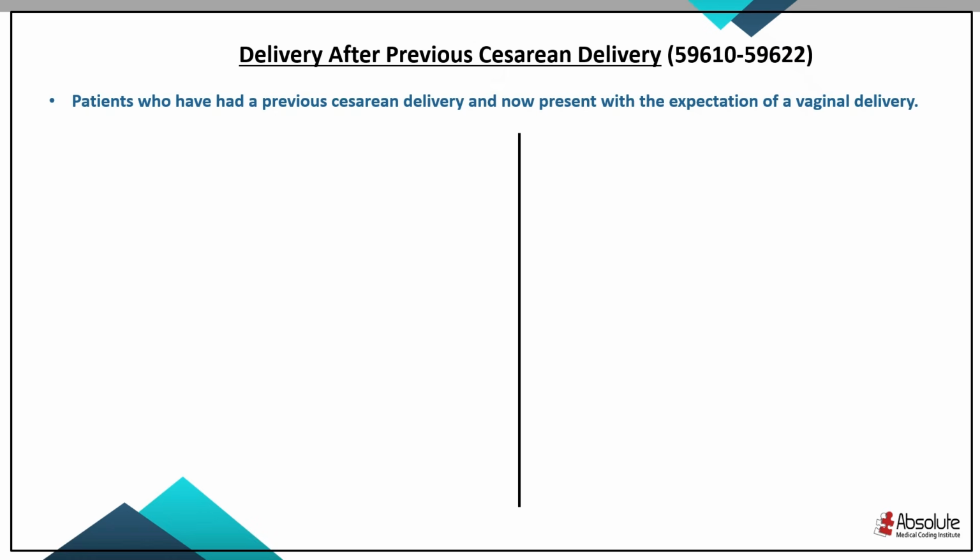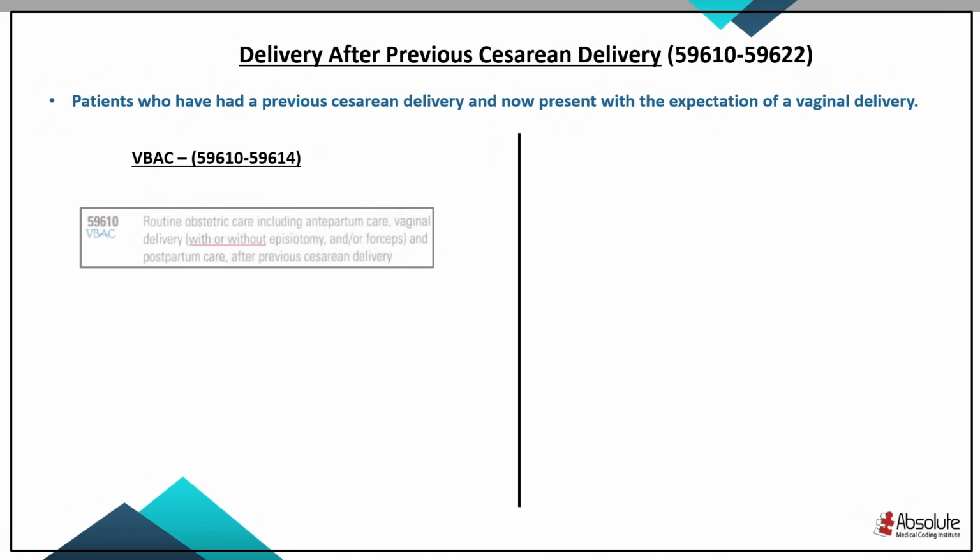So the final code assignment depends totally upon the outcome of the delivery. So here we have a VBAC, which is vaginal birth after cesarean code series from 59610 through 59614. And these codes are used when the patient with a history of cesarean delivery successfully delivers vaginally.